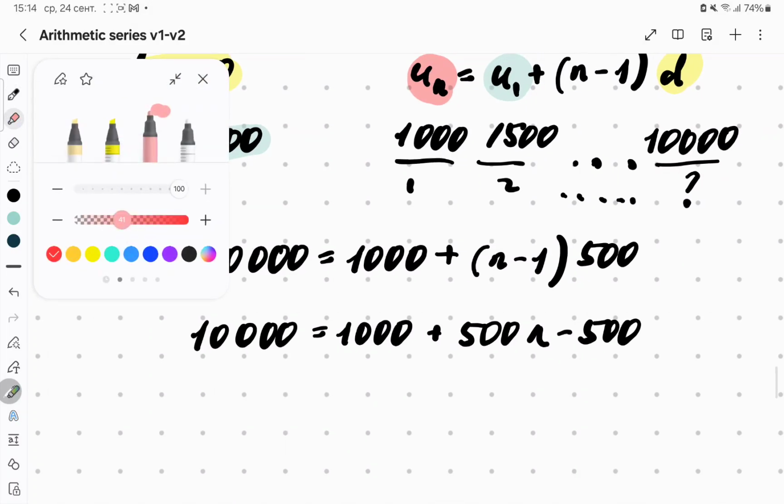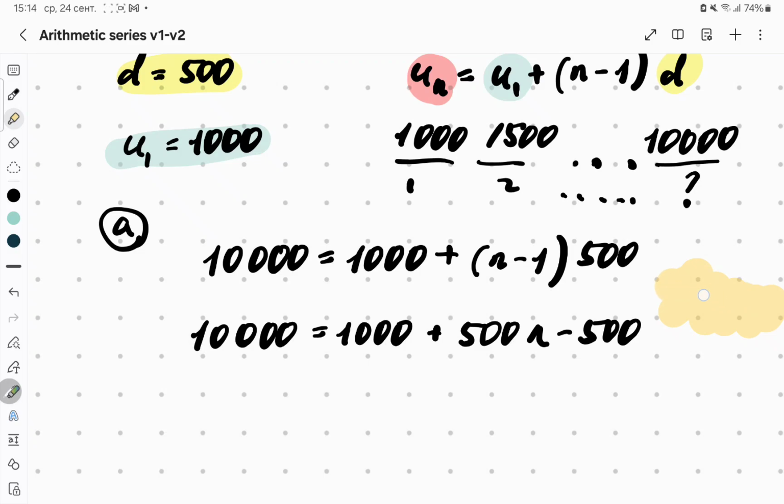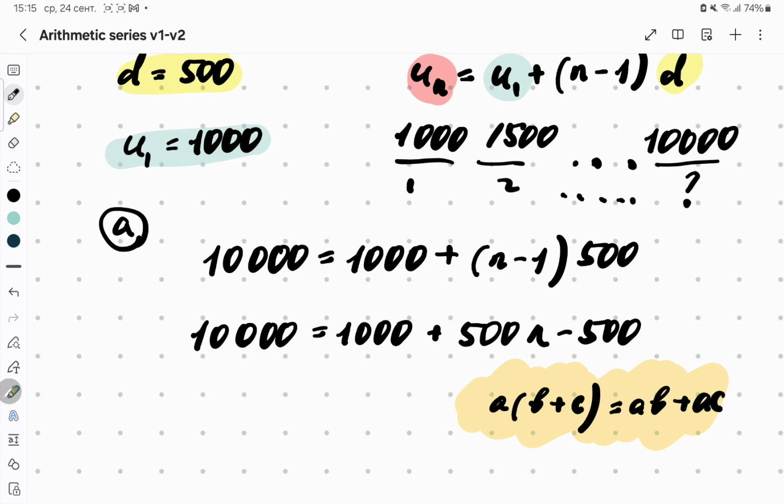If you don't remember, the distributive law: a(b plus c) equals ab plus ac. So that's how we can open the brackets.